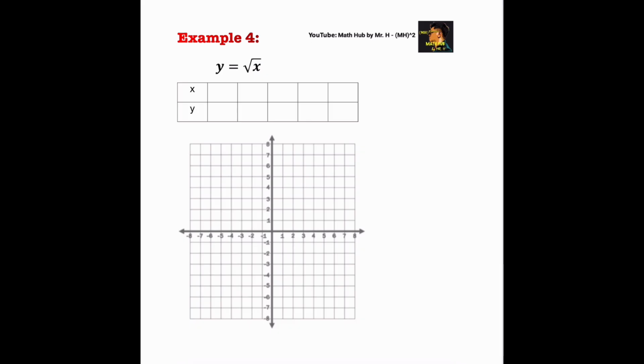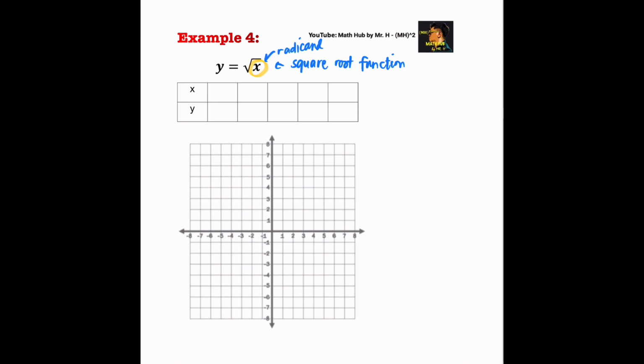I'm pretty sure some of you are familiar with this function, and we call it the square root function. Unlike the first 3 parent functions that we graphed, for the square root function there is a restriction here. There is a limitation when it comes to the values of x, or what we call the radicand.